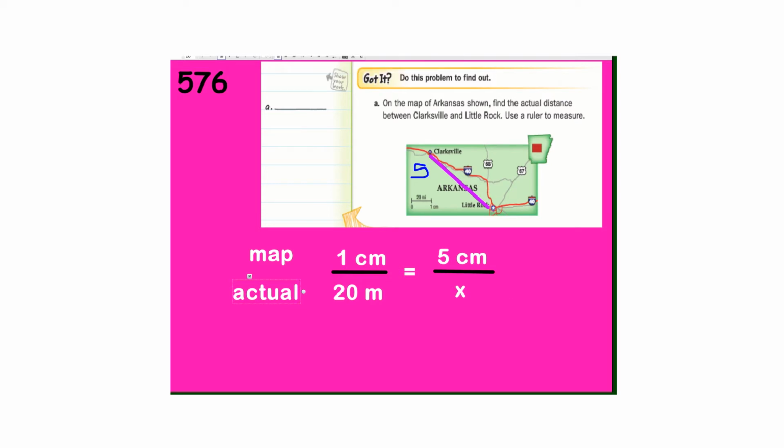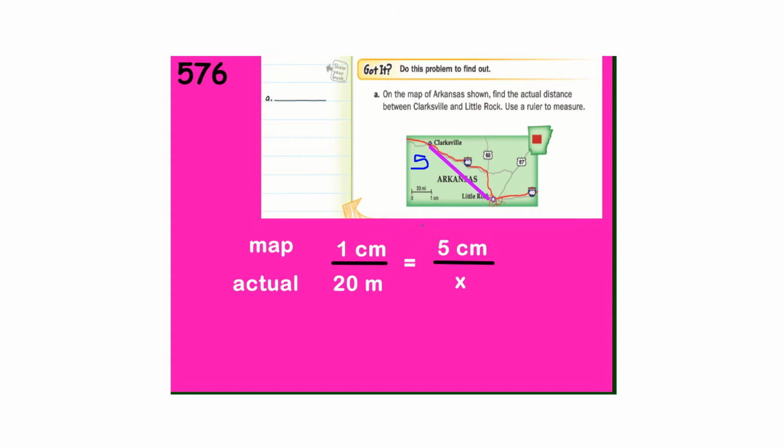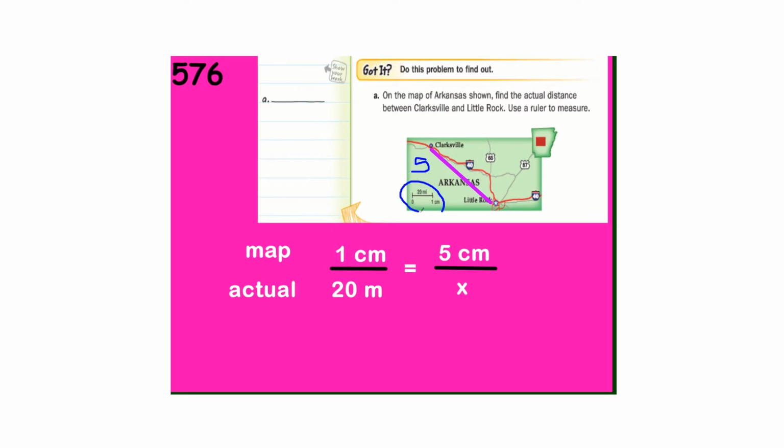So it tells us on our scale here that 1 centimeter is 20 miles. So that goes here. And then we measured 5 centimeters is how many miles? Cross multiply and divide. And 20 times 5 is 100. Divided by 1 is 100. So the answer for A is 100.